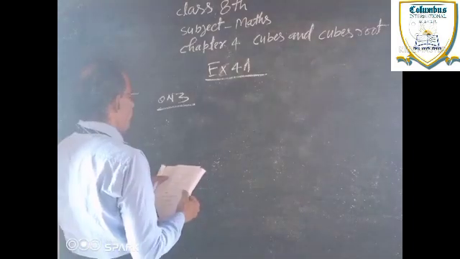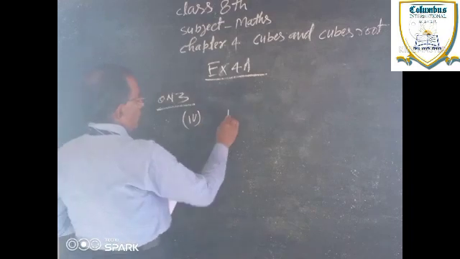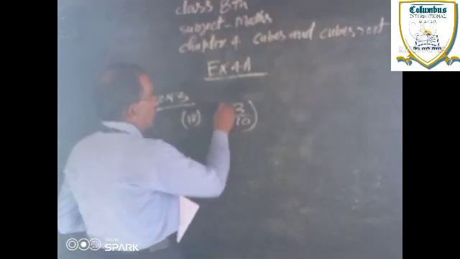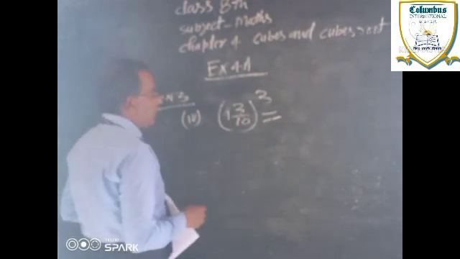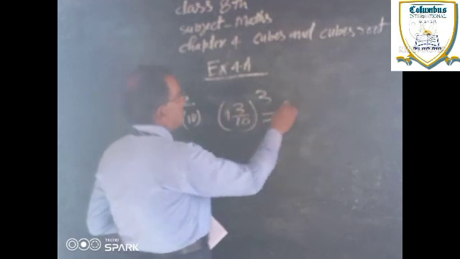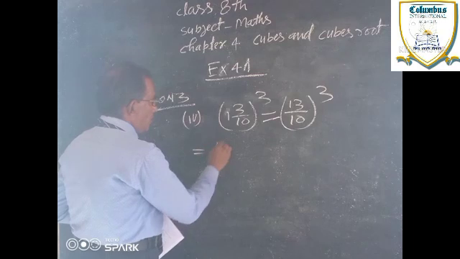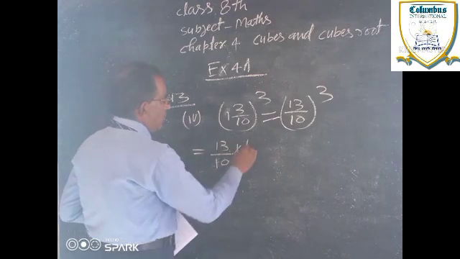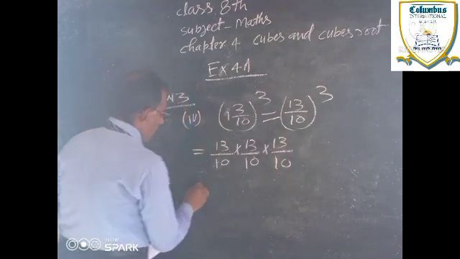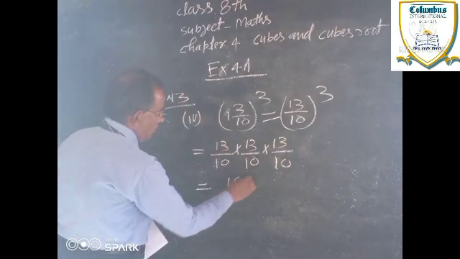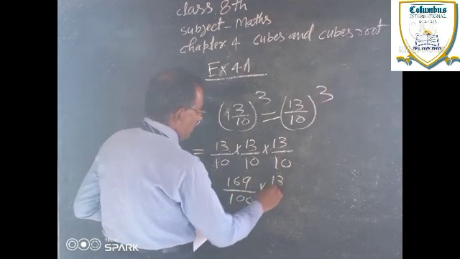Now, fourth question, 1 and 3 by 10 cube. First of all, we shall change the mixed fraction into an improper fraction. 10 1s are 10, and 3 is 13 upon 10 cube. 13 upon 10 into 13 upon 10 into 13 upon 10. 13 13s are 169 upon 100, into 13 by 10.